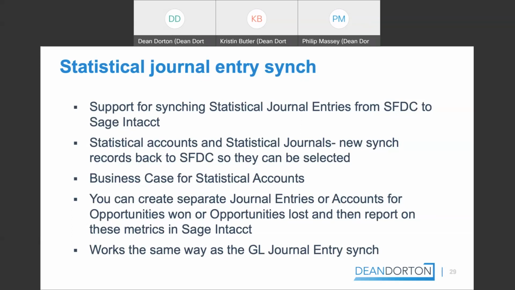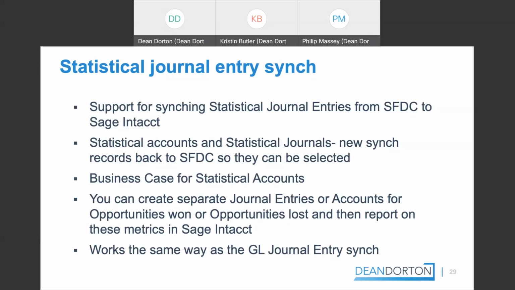in Intacct. So here you have cases where if you have the Salesforce integration to Intacct, for example, you could write a 1, a debit of a 1 to an account, a statistical account, for an opportunity that you may have won. Or conversely, a 1 to an account for an opportunity that you may have lost.